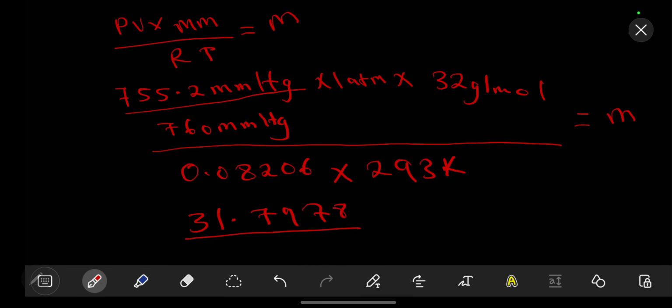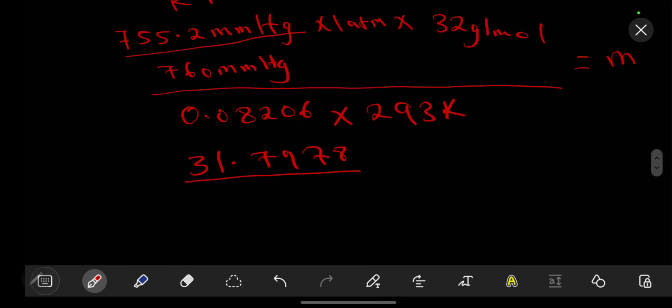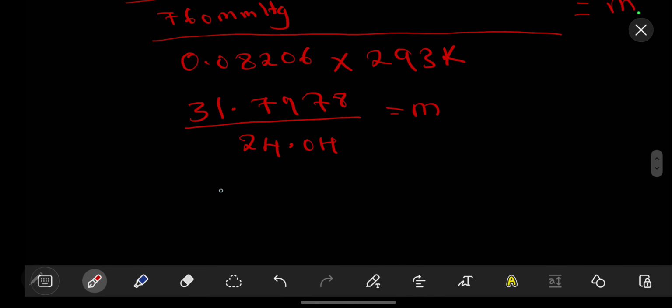When we divide by 0.08206 times 293, we are going to end up with 24.04. So the mass is equal to 31.7978 divided by 24, which will give us 1.52.